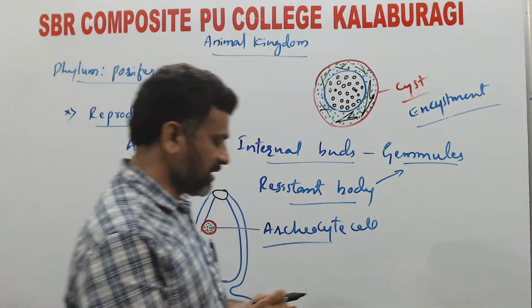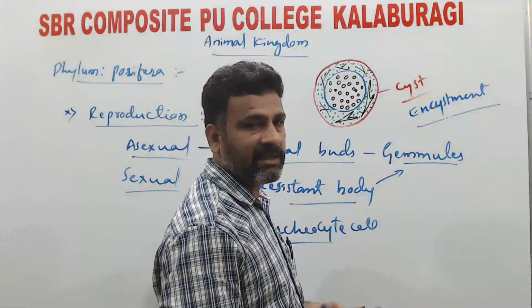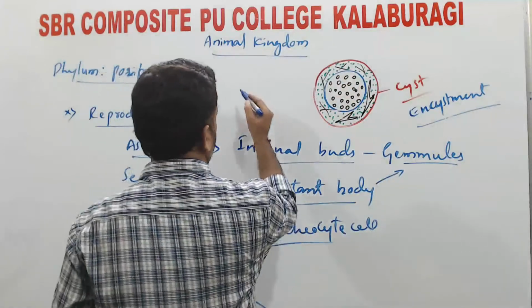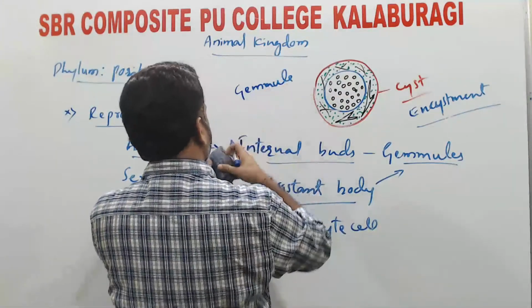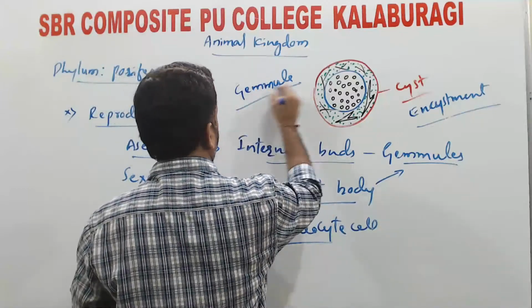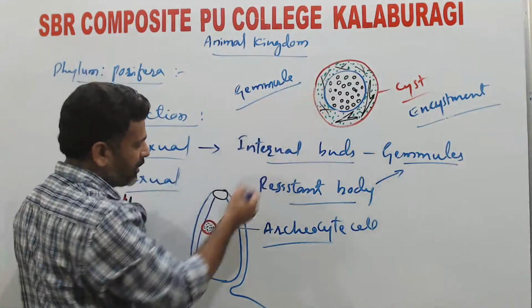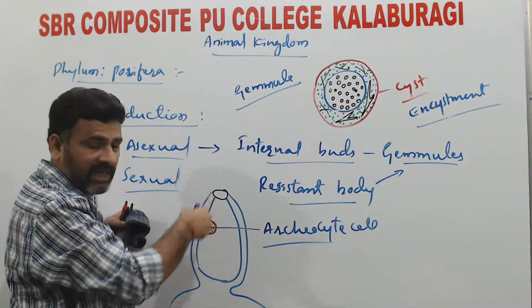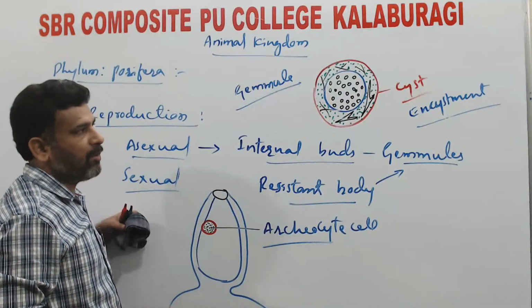When favorable conditions reappear, this entire structure is referred to as a gemmule. Such gemmules are produced within the body, in the inner wall, in the gastral layer of the body.